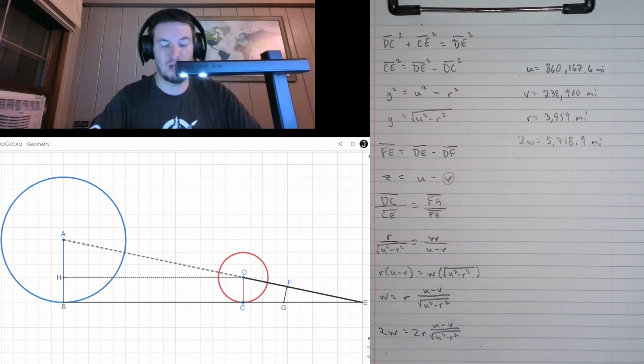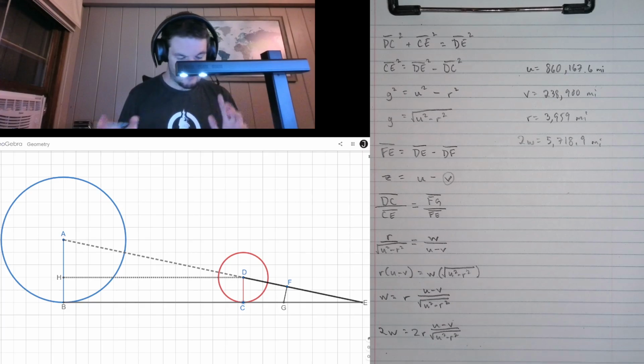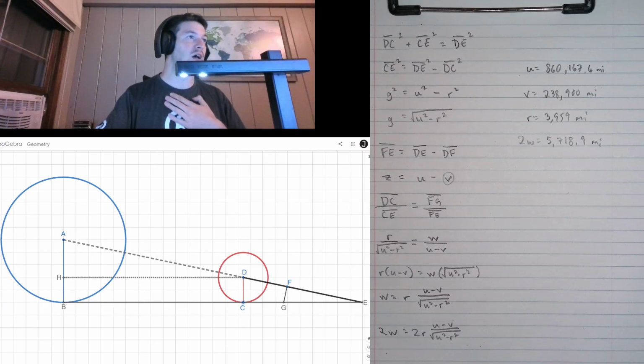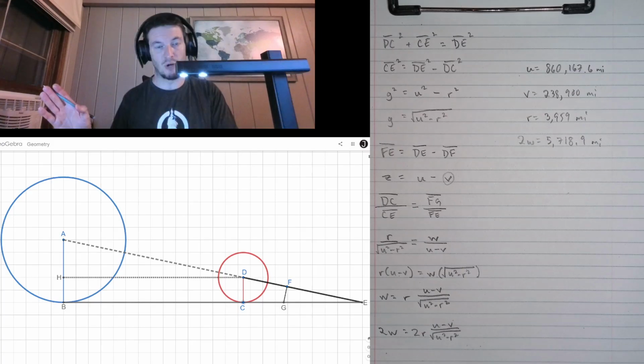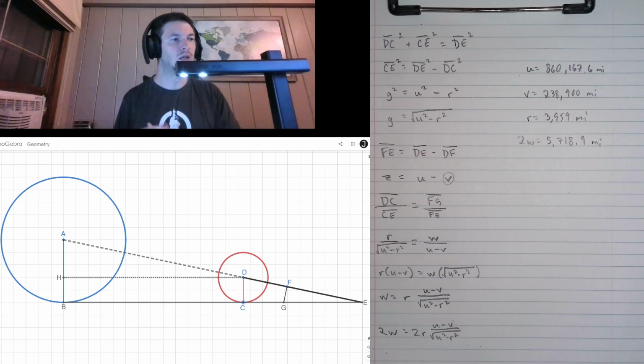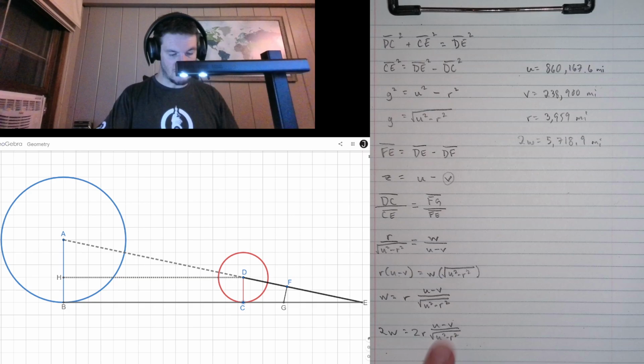So there you go. I said I would give you 3 equations. We can isolate V. If you know the width of the umbra, and you want to know how far from the body you are, we can just isolate V. So let's do that.